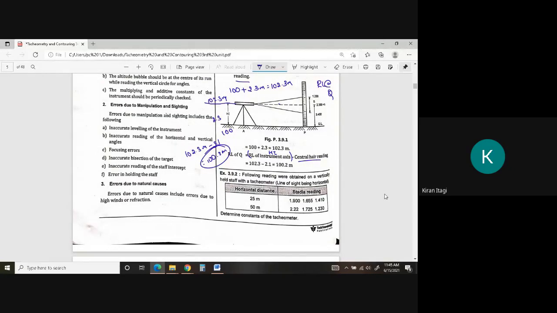Now here you can see the following readings were observed on a vertically held staff with the tachometer, the line of sight being horizontal. He has given the horizontal distances, 25 meters and 50 meters.